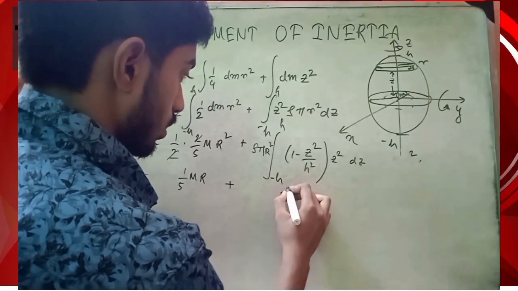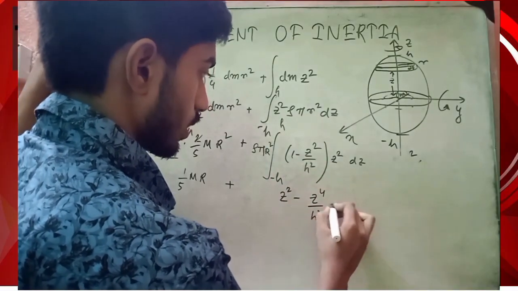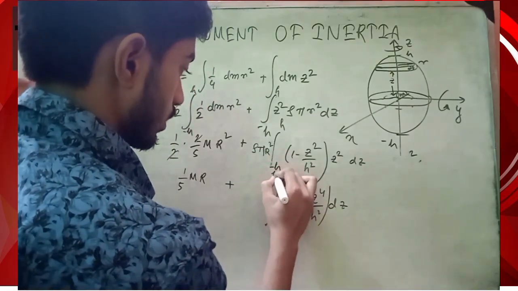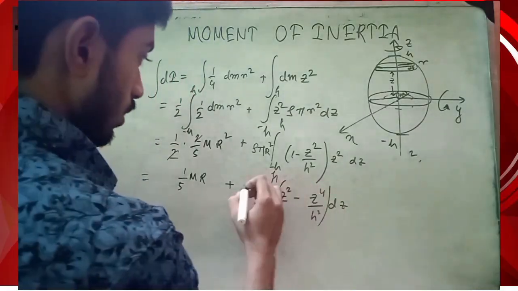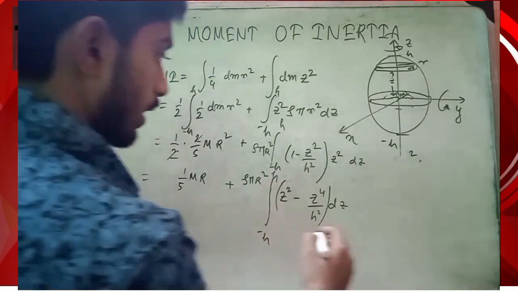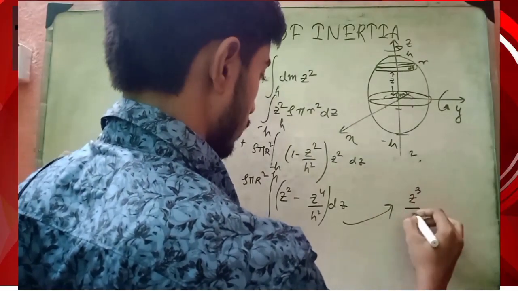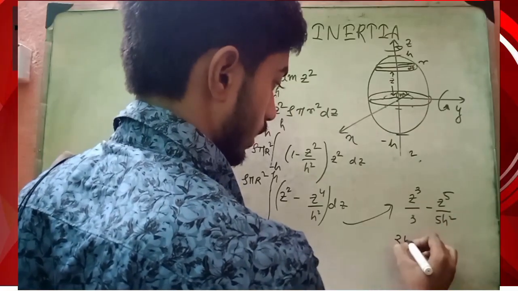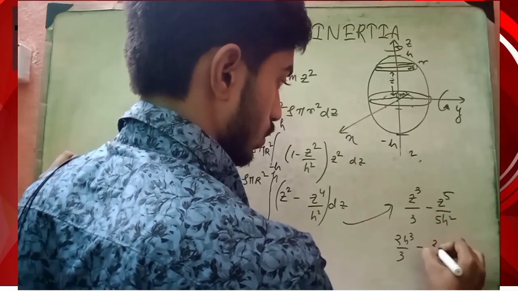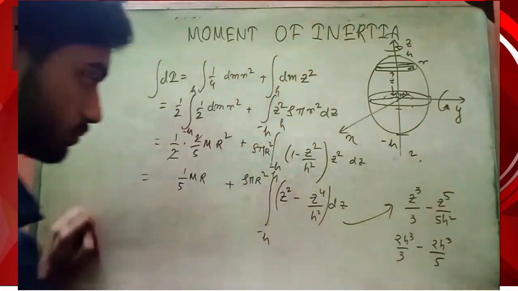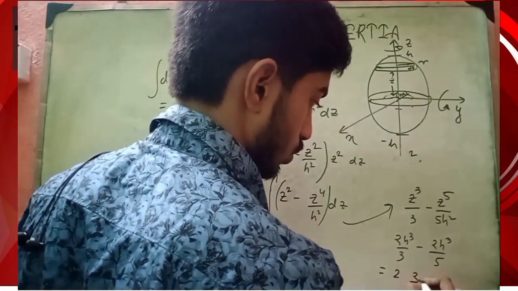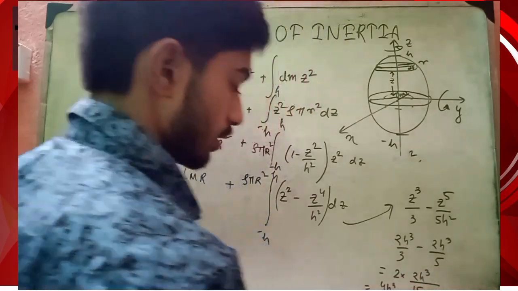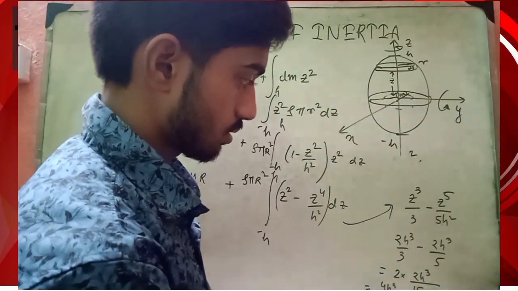So z square minus z to the power 4 by h square dz, integration from minus h to h, rho pi r square, and the integration value is z cube by 3 minus z to the power 5 by 5 h square. This is 2 h cube by 3 minus 2 h cube by 5. So the value is 2 h cube by 15 equals 4 h cube by 15. Okay, am I right? So this is 5 minus 3.